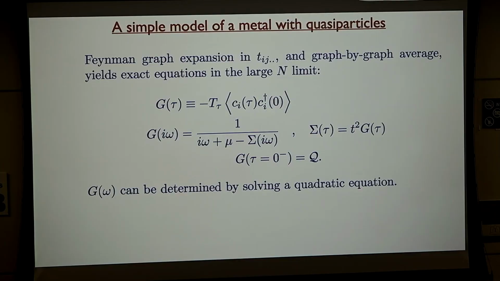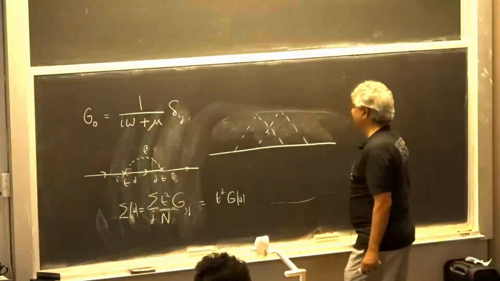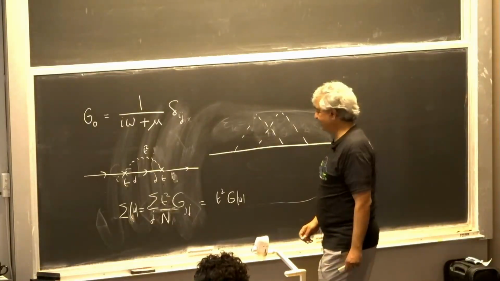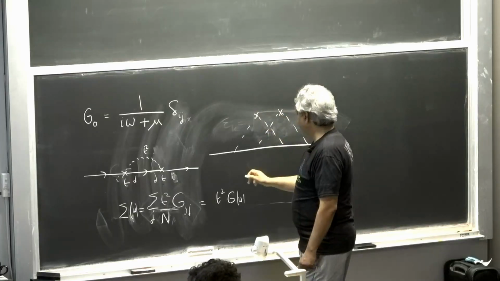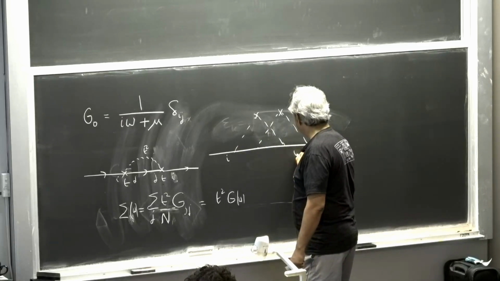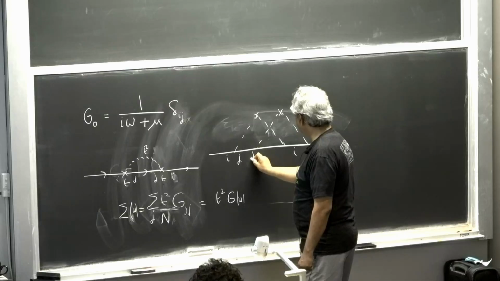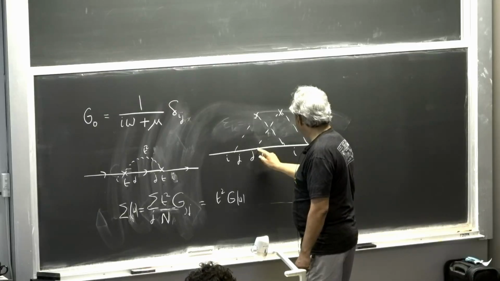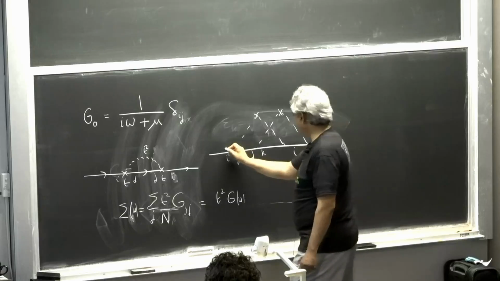There are no corrections. You could try to think of various corrections, for example, a term like this. These are the kind of terms that lead to weak localization and all of that. So you just do the counting. If this site is i, this has to be i. If this is j, then this will be j here. And let's say this is k. Now j and k are, well, that doesn't work because, anyway.